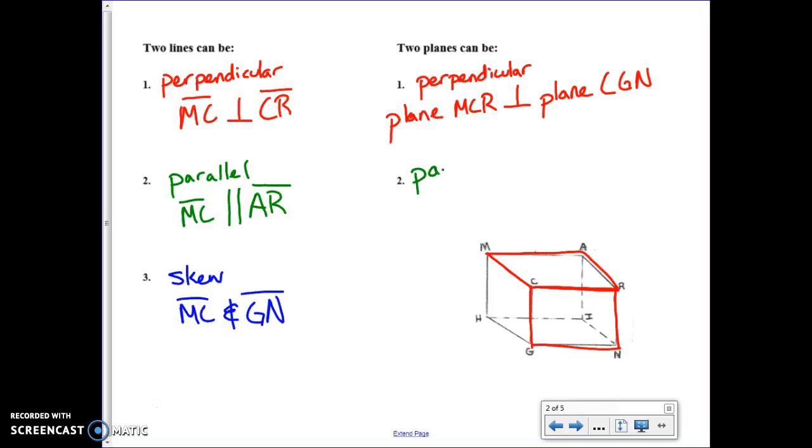Planes can also be parallel. So again, if we look at this top of the box, the plane that's parallel to that top of the box would be the bottom of the box.